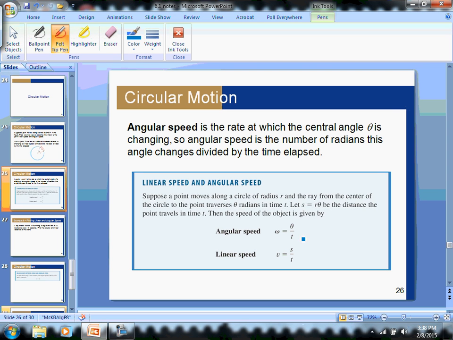Now remember, this s, that's the arc length that we were talking about in the previous section of notes. So that's the radius times theta, or our revolutions. The angular speed is going to be represented by this little w, and then we'll have theta over t. And again, this theta, that's our central angle in radians over time.